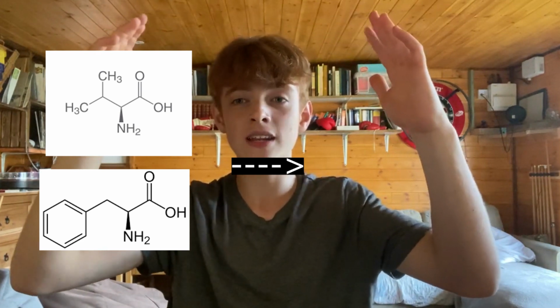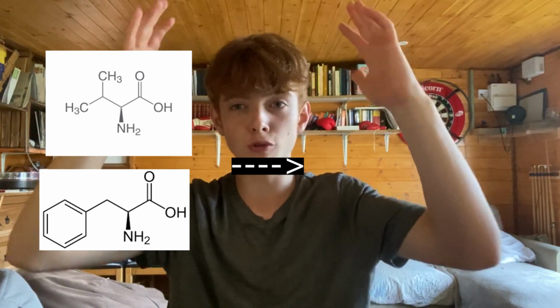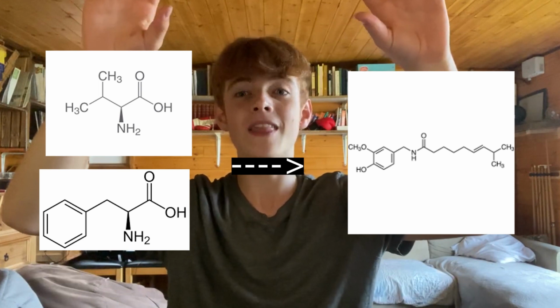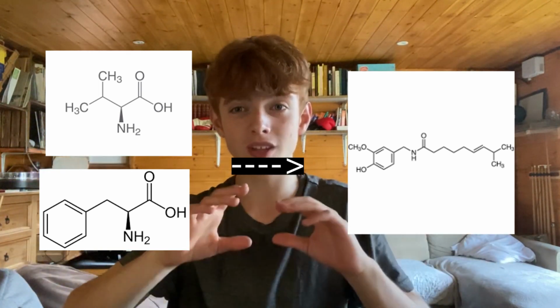So in this video, which is going to be a very, very long one, by the way, if you may not have already gathered, I'm going to see how both phenylalanine and valine, the amino acids that are used to produce capsaicin, are made, and then how they are made to produce capsaicin.